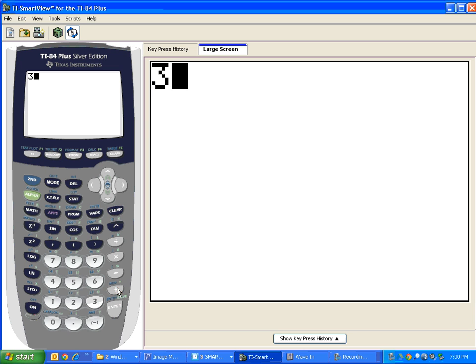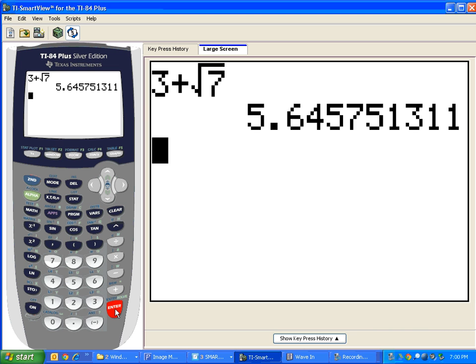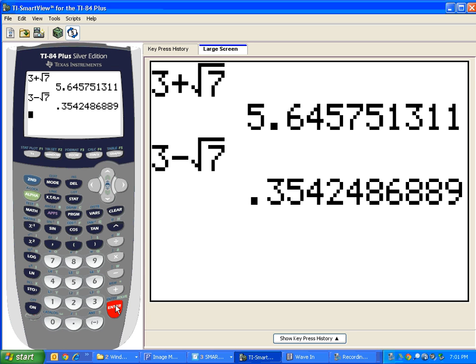So 3 plus the square root of 7 and 3 minus the square root of 7. If I'm going to check this in a calculator, I'm looking for about 5.65 and 0.35.